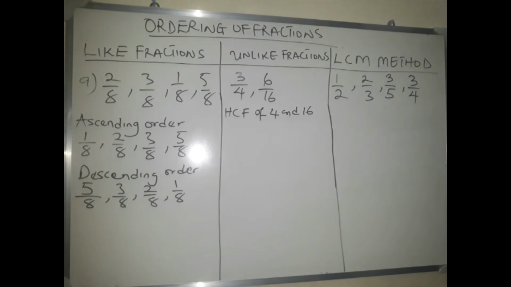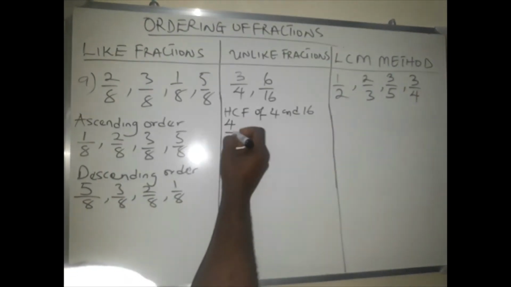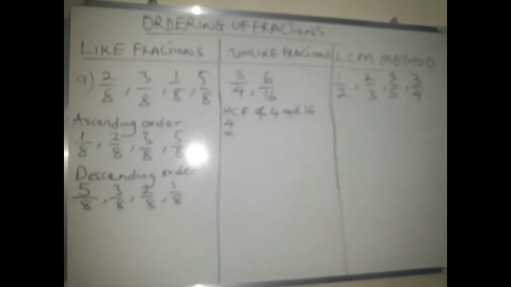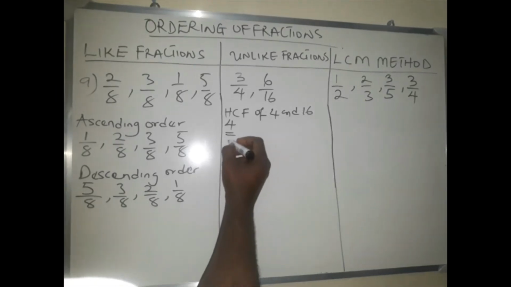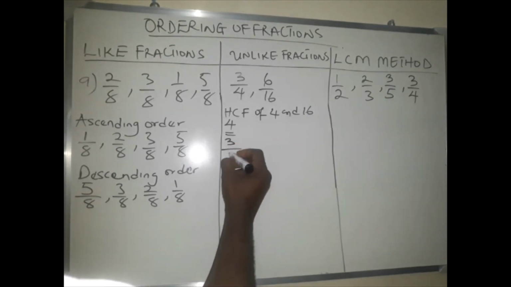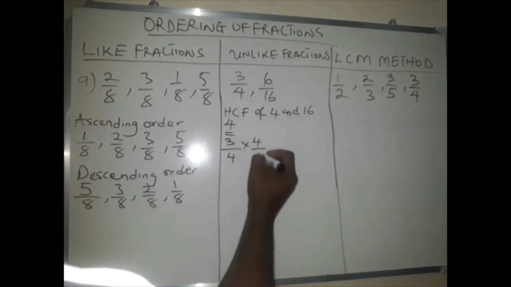And when you determine the highest common factor of 4 and 16, you're going to get 4. 4 is the highest common factor of 4 and 16. Then now you take this 4 and you multiply both the numerator and the denominator of 3 over 4 by 4.